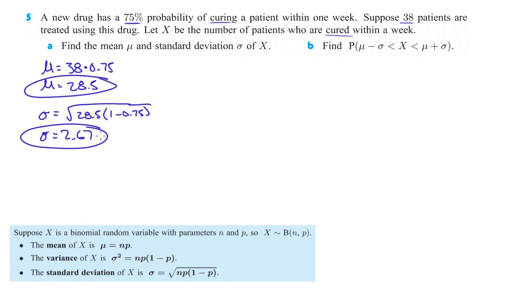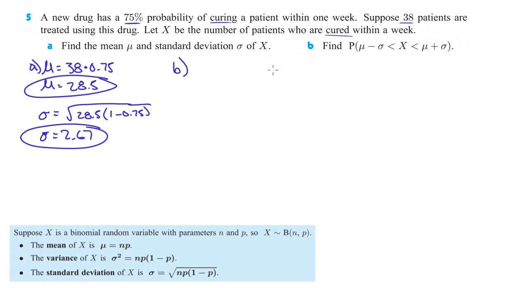So when you do a full set of the 38 trials, on average, you'll be either 2.67 above that or 2.67 below that. That's what the standard deviation means. Okay, so that was A.